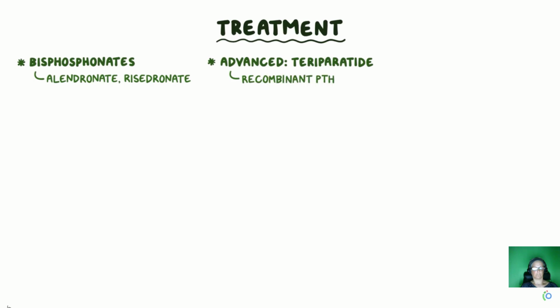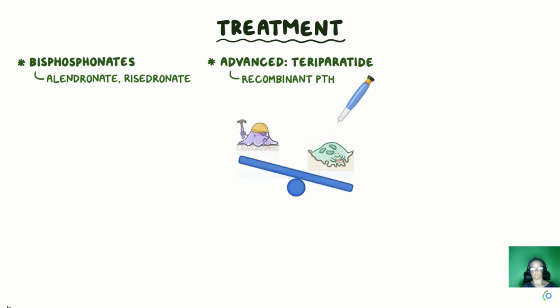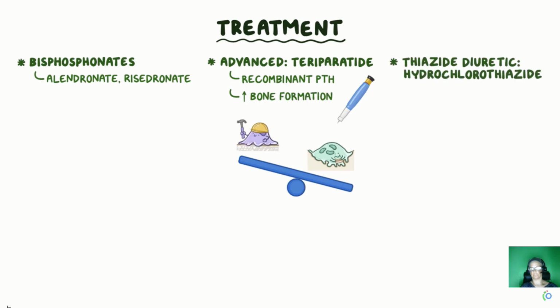Now, even though parathyroid hormone stimulates bone resorption, it's been found that intermittent injections with teriparatide activates osteoblasts more than osteoclasts, therefore increasing bone formation. Interestingly, a thiazide diuretic like hydrochlorothiazide can be used to treat osteoporosis as well.